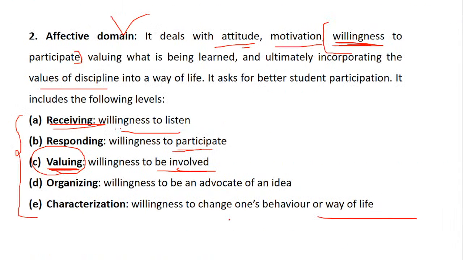Very importantly, I'll just repeat one example. I am talking about the affective domain, where students get confused. Valuing means what? It is not about respecting a teacher, or about giving worth. It is basically your involvement in the teaching learning process.